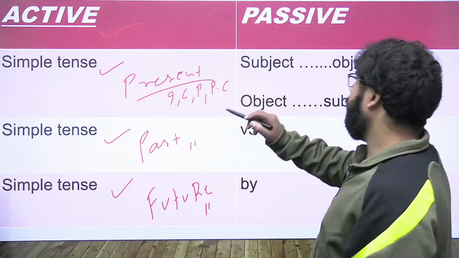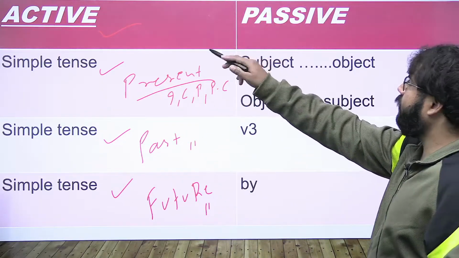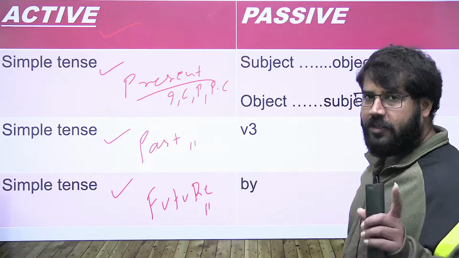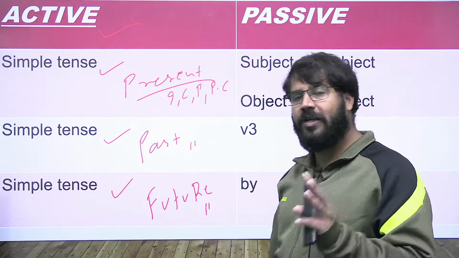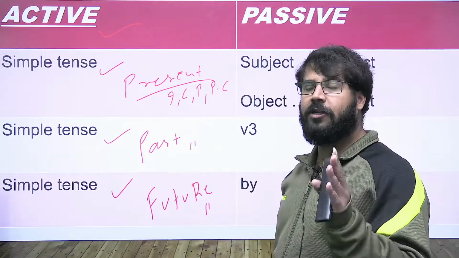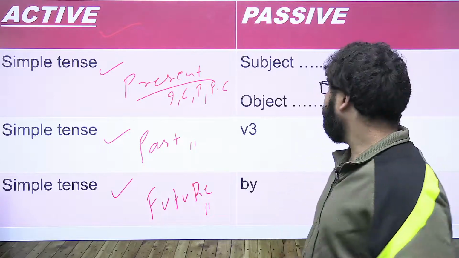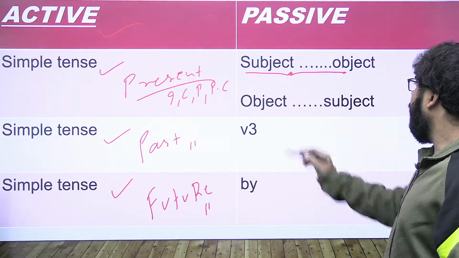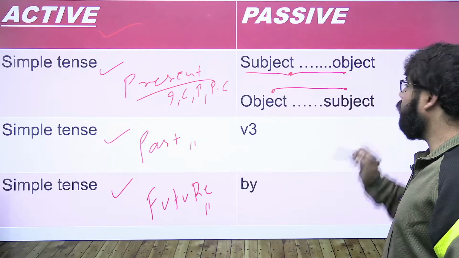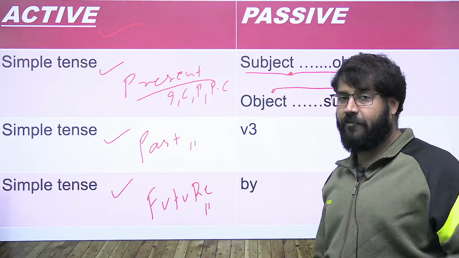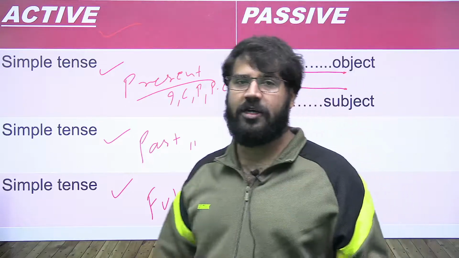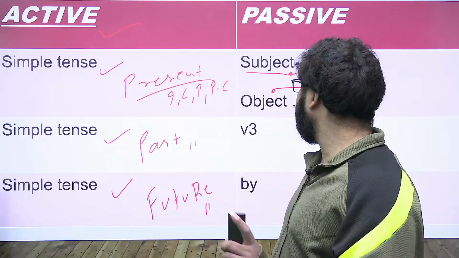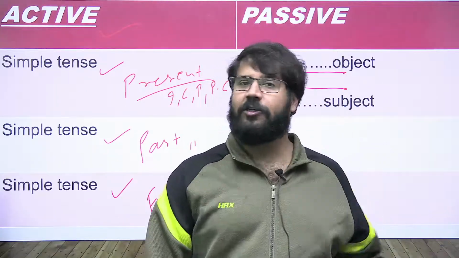But when you want to convert from active to passive, then you must follow three rules. Those three rules are very important for your life. Rule number one: the subject should be converted into object, and the object should be converted into subject.